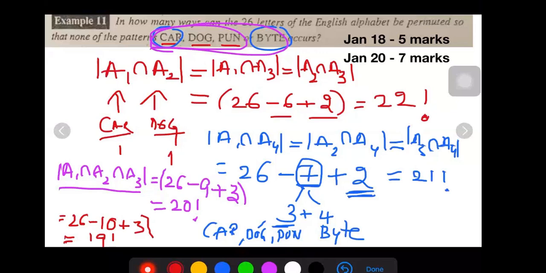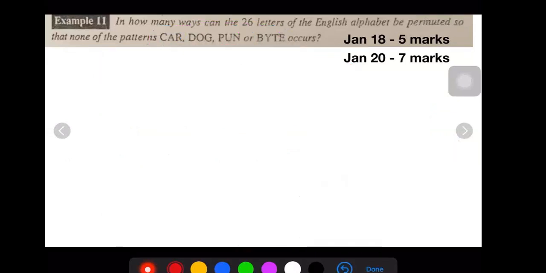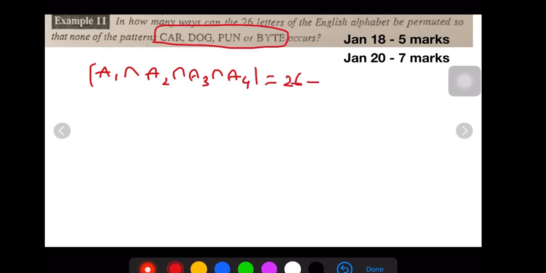After doing all these combinations, the last one is the intersection of all 4. So when you do the intersection of all, A1, A2, A3, A4, it becomes 26 minus, remove all these characters.